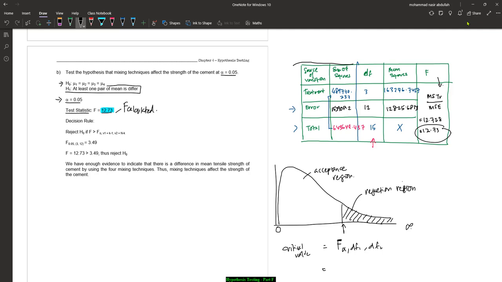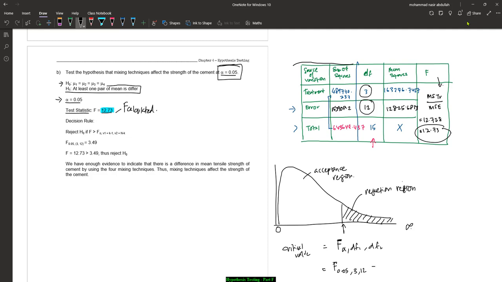So since we want to find statistic at significant level alpha 0.05, so it should be F 0.05. So kita akan measure one tail saja kat sini, right? So the degree of freedom, so we're going to take the treatment first, right? 3 as a degree of freedom number 1, and error should be the degree of freedom number 2. Right, so this is the critical value.